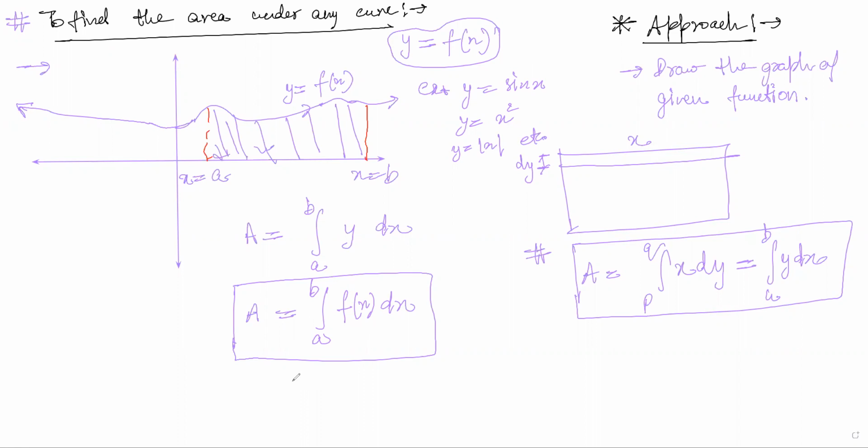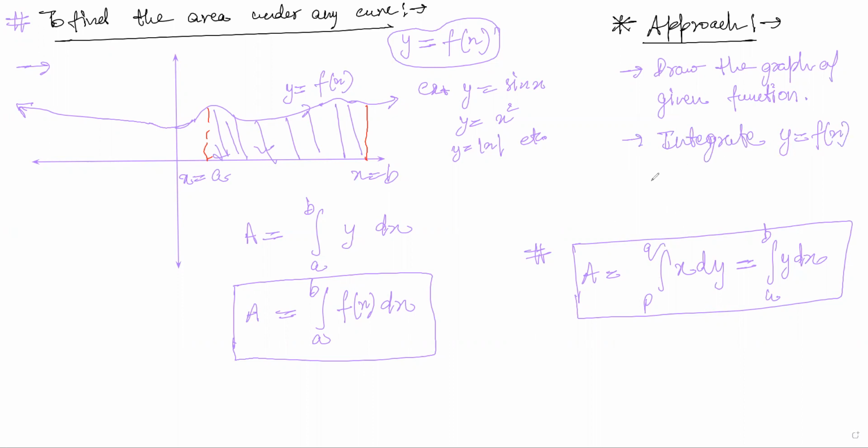So first, draw the graph, and then integrate. The second thing is integrate y is equal to f(x), or sorry, let's take the y is equal to f(x) case only.